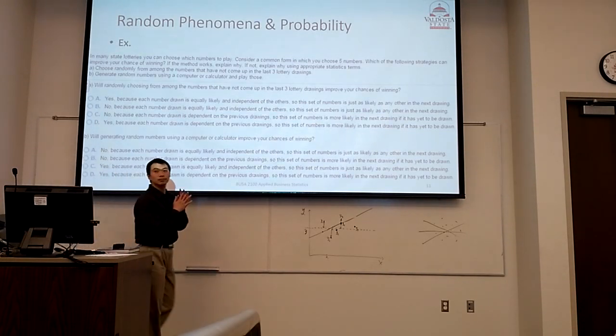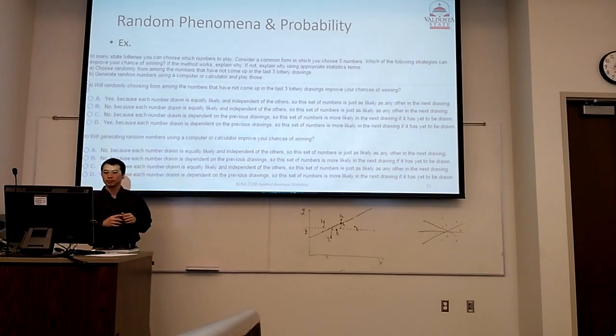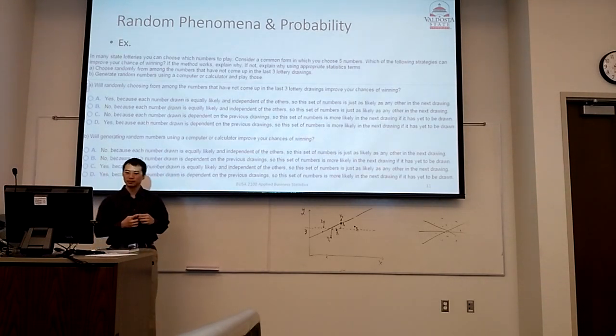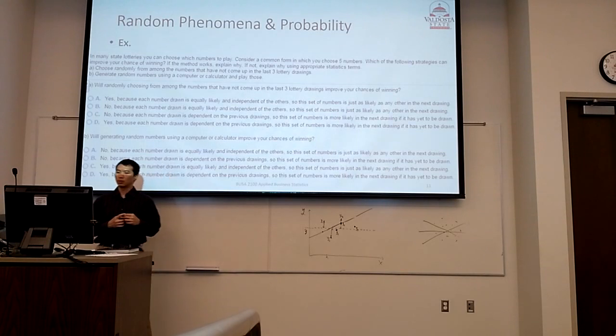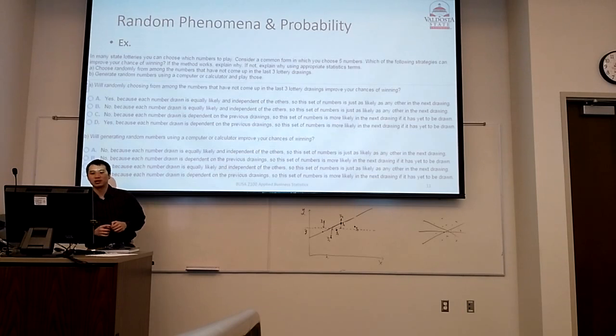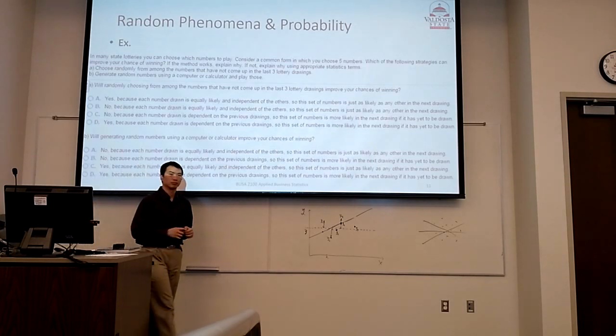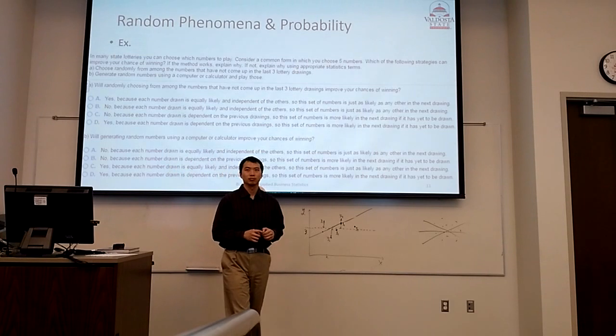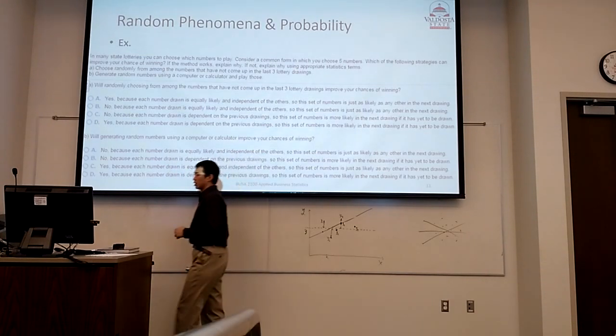Which is correct? B. B? No, not improving. Because each number drawn is equally likely and independent of others. So that's independent. Okay.